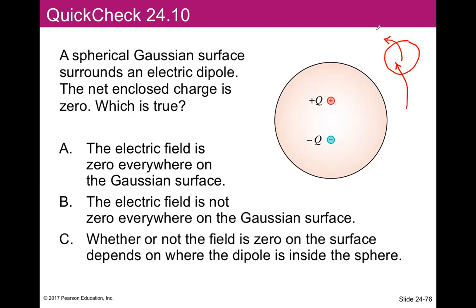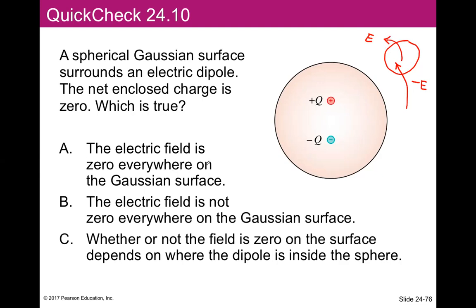However, if the electric field line going out is, let's say, E, going in is negative E, then we can calculate the flux using E dot dA. The flux might be zero, even though there is some electric field going in and out. The flux of the electric field could be zero.